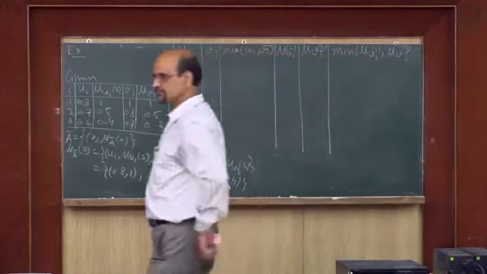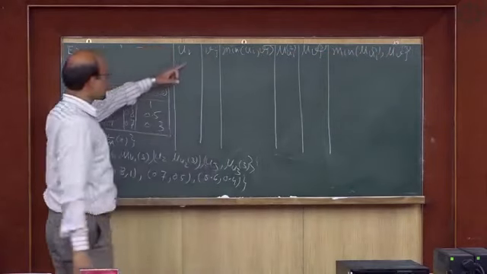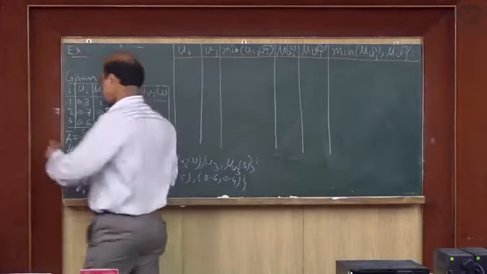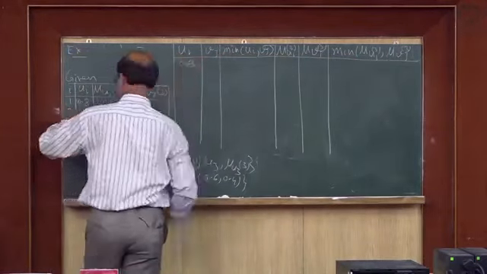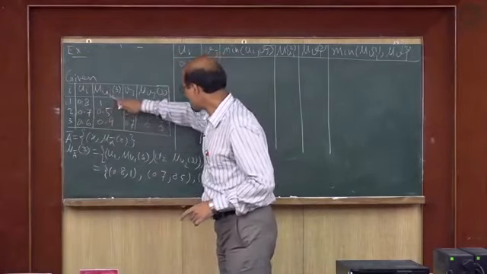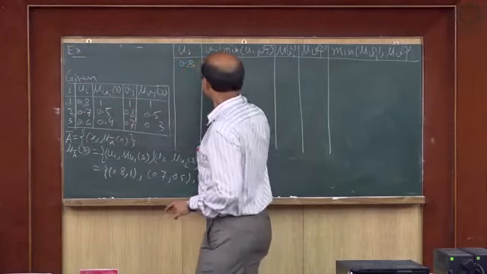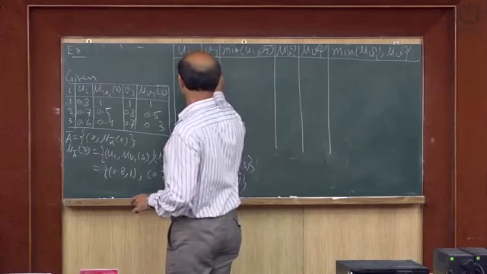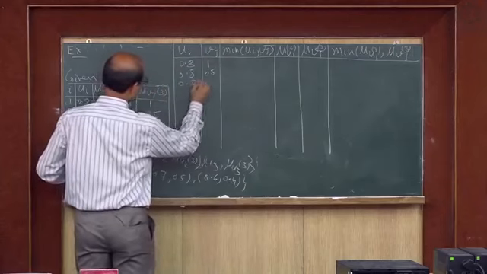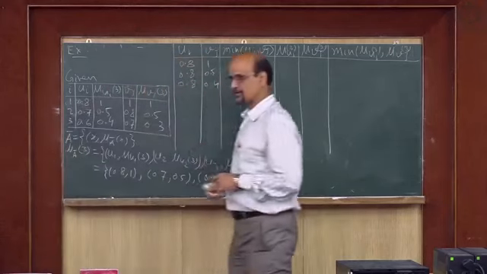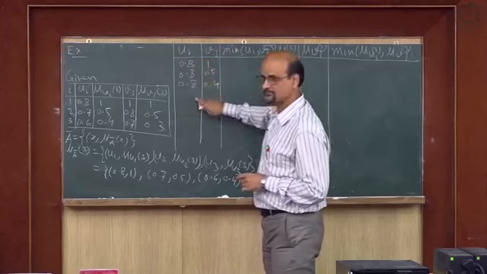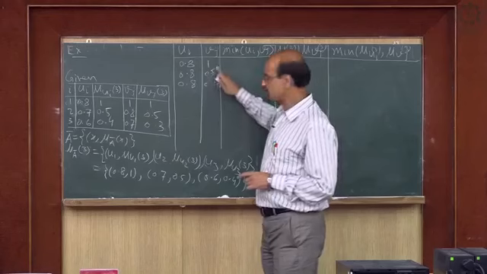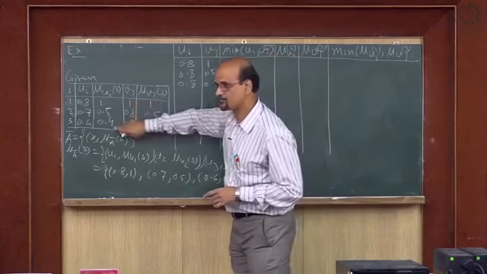Now let us start with u1. So u1 is your 0.8. For this 0.8 I have mu ui as 1, again 0.8, it is 0.5, 0.8, it is 0.4. Fixing u1, you are varying vj: v1, v2, v3, so 1, 0.5, 0.4.